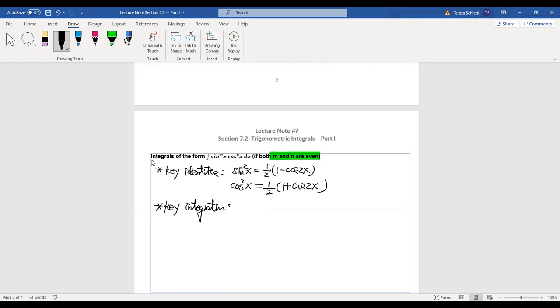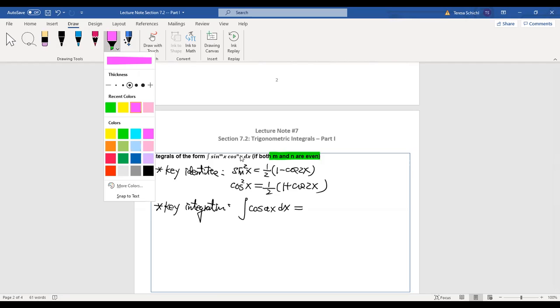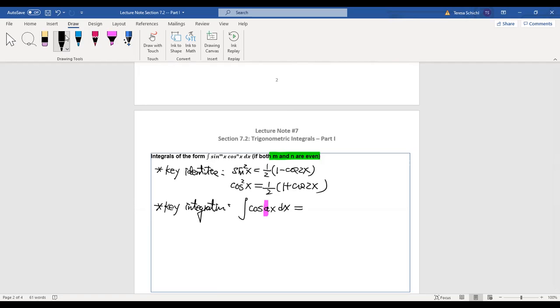So the key integration formulas we will need: how about if you integrate cosine ax dx? We know that when you integrate cosine, it will be sine, right? But how about this extra constant a?